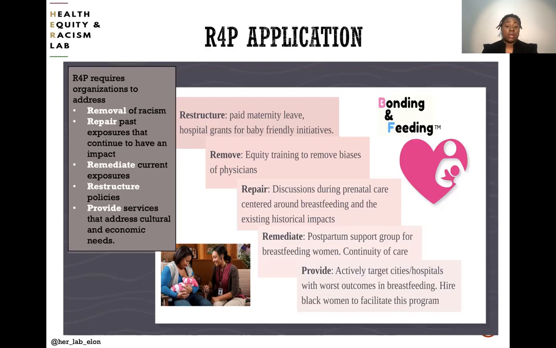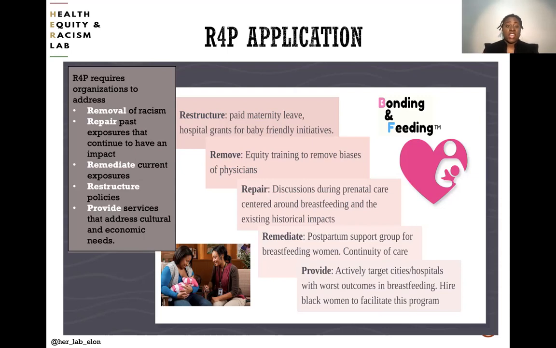Making sure that this program, with equity training for physicians and discussions during prenatal care centered around the historical legacies that are intertwined with breastfeeding, that factored in a postpartum support group for breastfeeding women with the continuity, continuing that care, but also providing that social support.